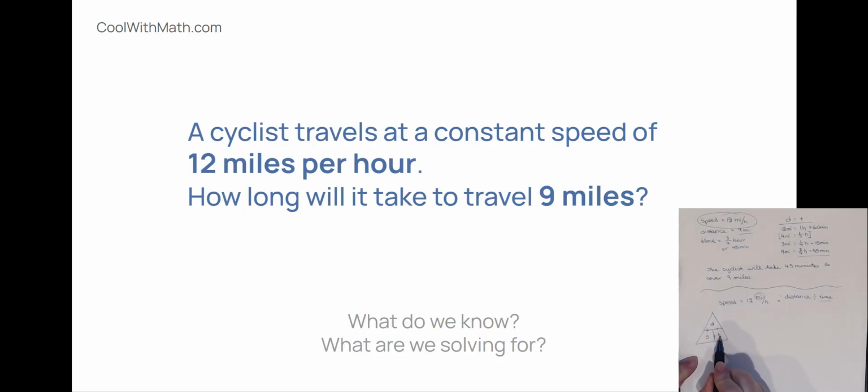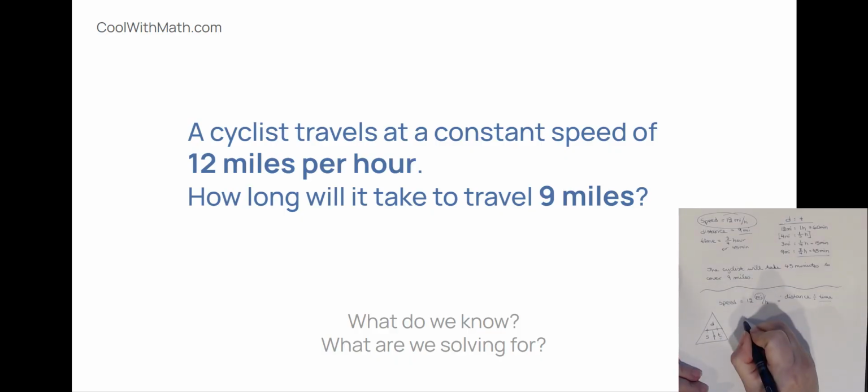So speed times time is the multiplication along the base, and then distance divided by speed will equal time, and distance divided by time will equal speed. So there is still a little bit of memorization here, but if you have your unit for speed, distance over time, you can plug that into the triangle pretty easily and get out the various equations.